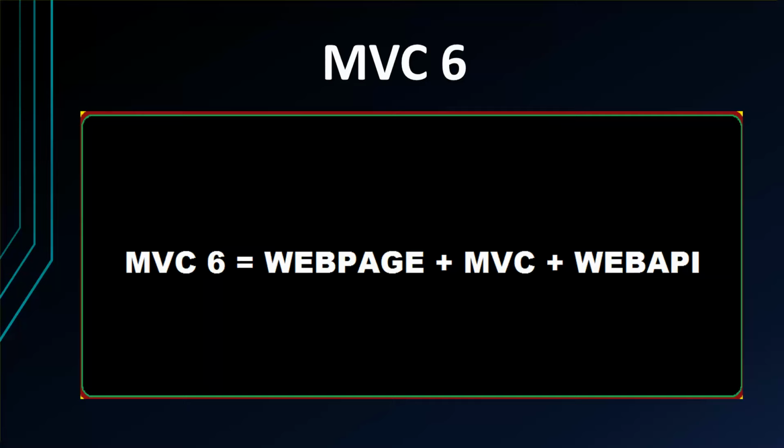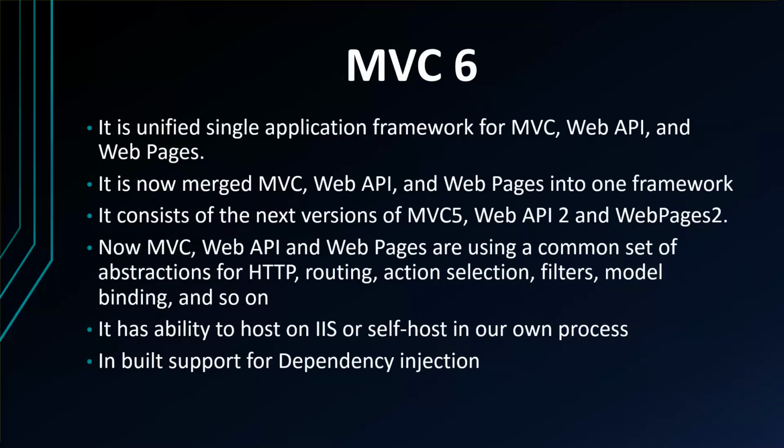Then we'll see exactly what MVC architecture and the MVC 6 benefits are. In one word, MVC 6 is a unified framework combining all three technologies, web pages, MVC, and Web API, into a single framework called MVC 6. It is a unified single application framework, as I told you earlier, for MVC, Web API, and web pages, now merged all together.